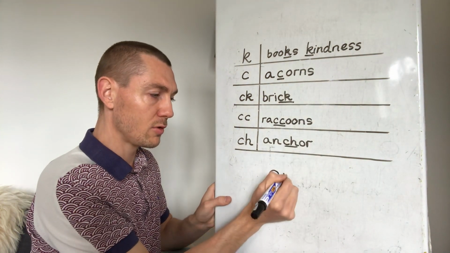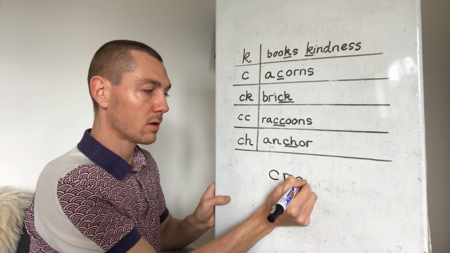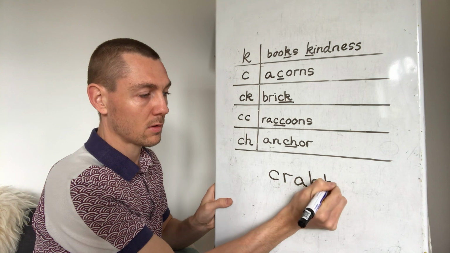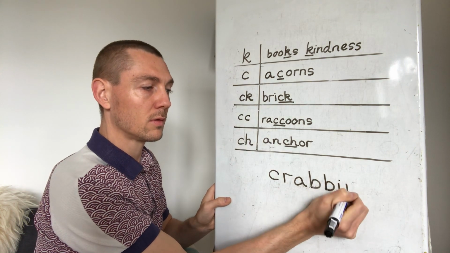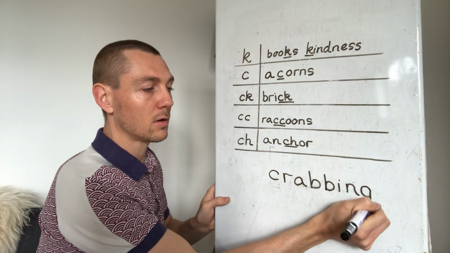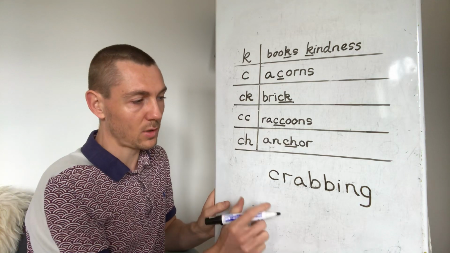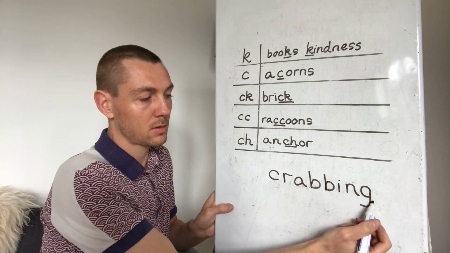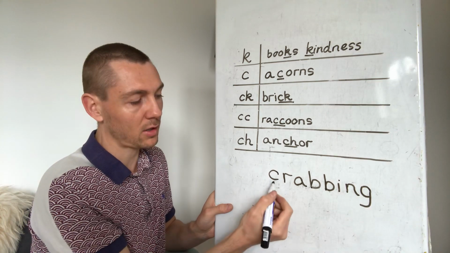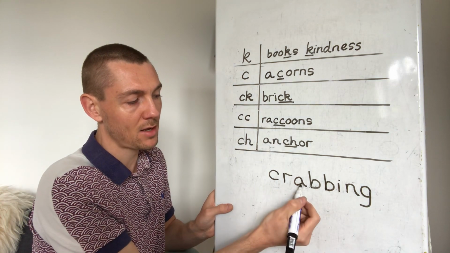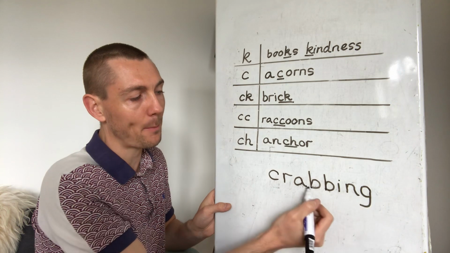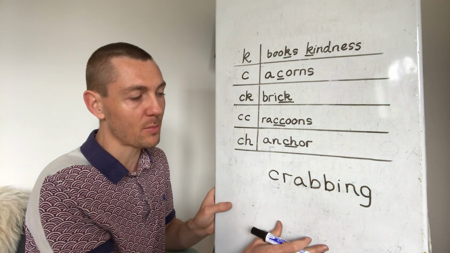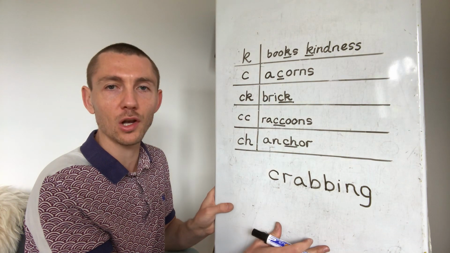Okay, 2 more. Two syllables, let's have a look. 1, 2, 3. Crabbing. Crab, bing, crabbing. Now, to crab is to go looking for crabs.